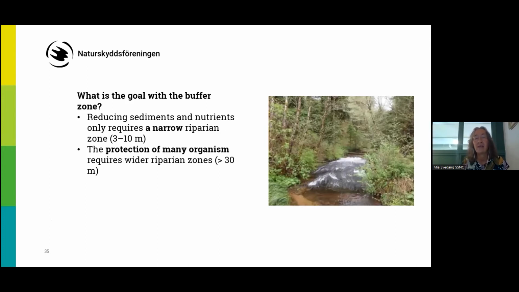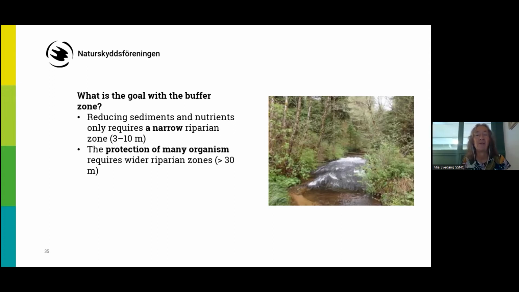It can be enough to have 3 to 10 meters of buffer zone to reduce sediments and nutrients leaking into the water. But if you want to protect many organisms and increase the biological diversity, then you require a broader zone, more than 30 meters.